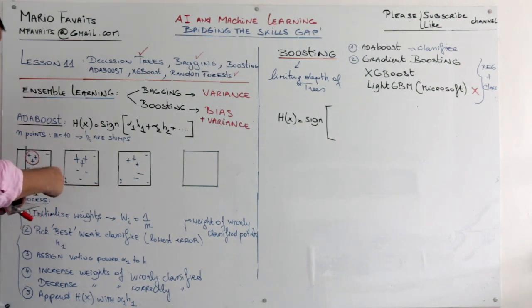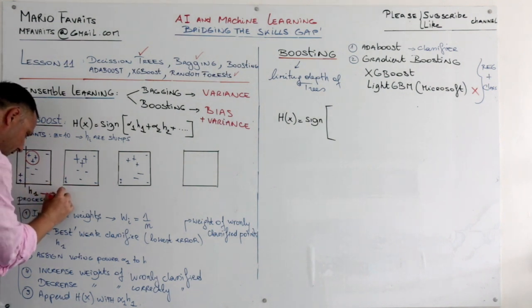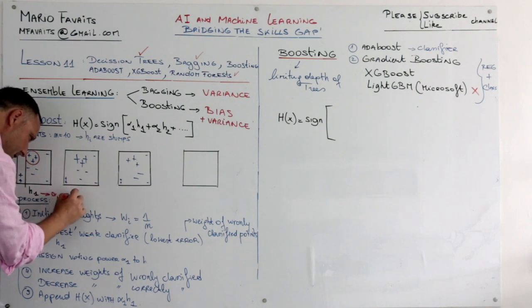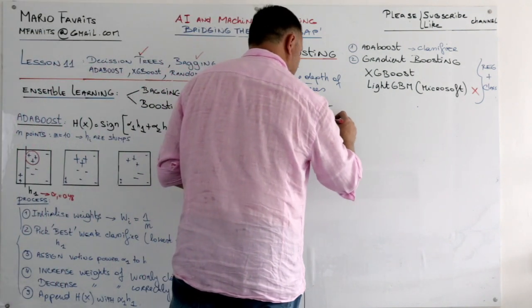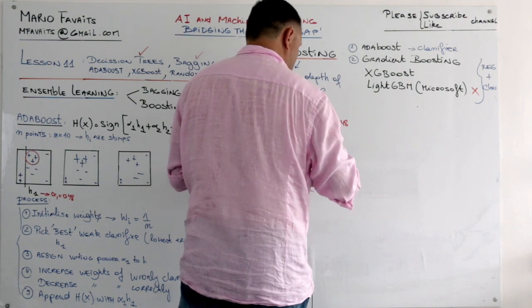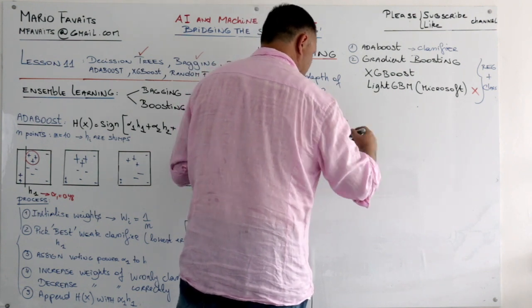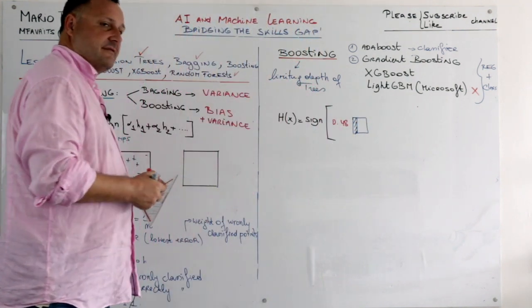So we have H1, and H1 leads to an alpha 1 of 0.48. Don't worry about these numbers. So it's 0.48 times the first weak classifier H1, the one that classifies like this.